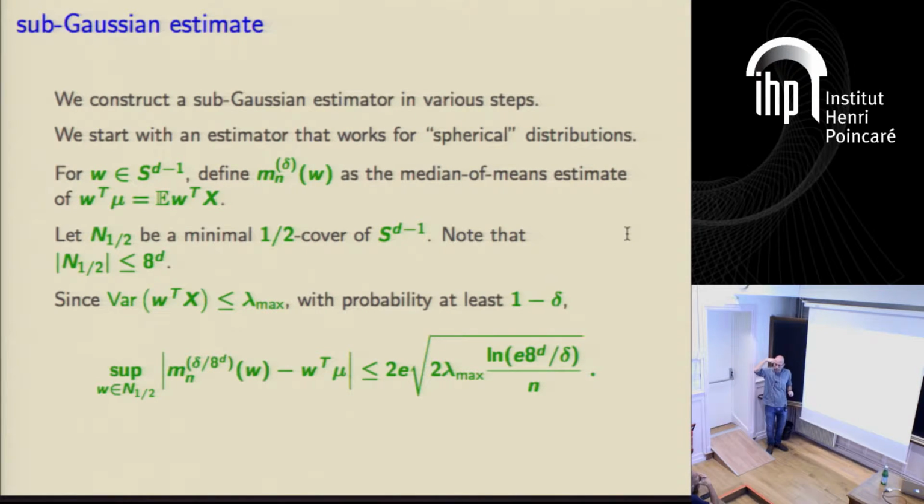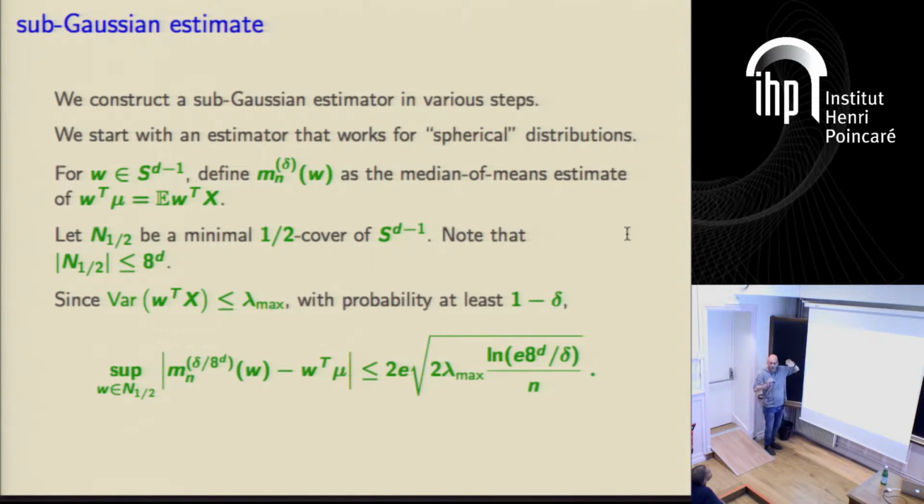Okay. All right. So we just want to cover the space. The minimum cover is known to be not larger than 8^d. Okay. So we take exponentially many of these. So this is not computationally efficient in any way.